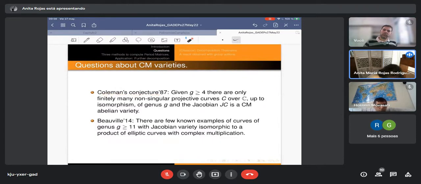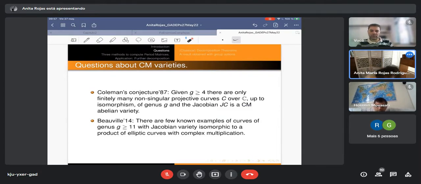Another question is the so-called Coleman's conjecture, given in 1987. He asked if, given a dimension greater than or equal to 4, there are only finitely many non-singular projective curves such that the Jacobian variety is of CM type.